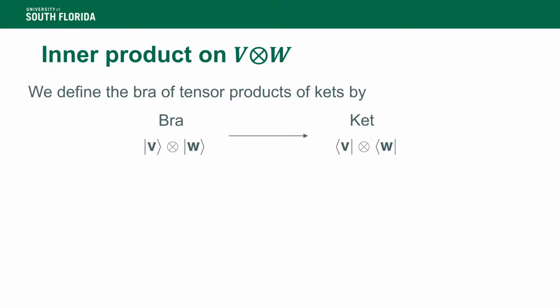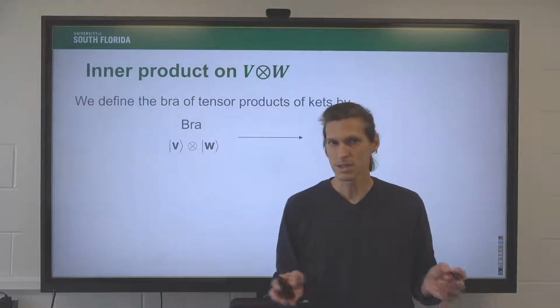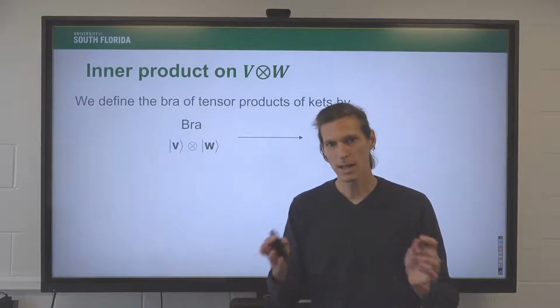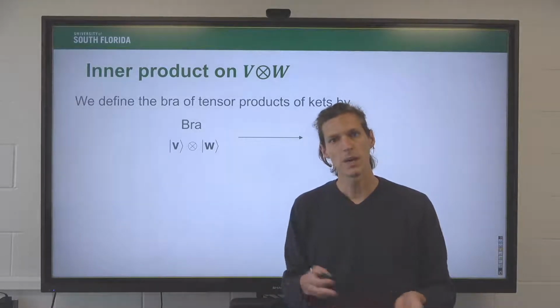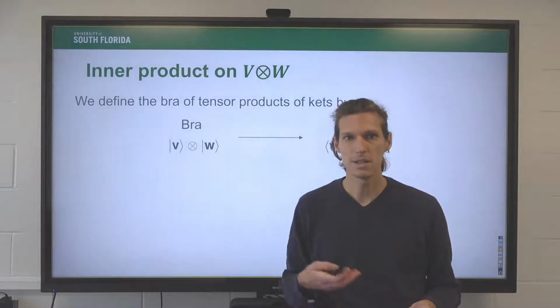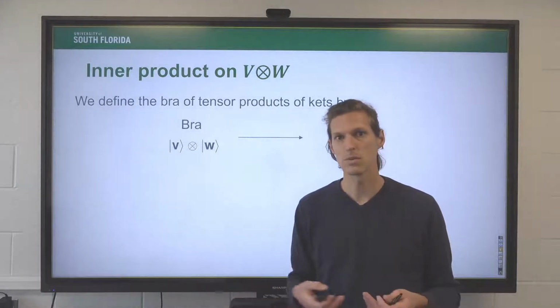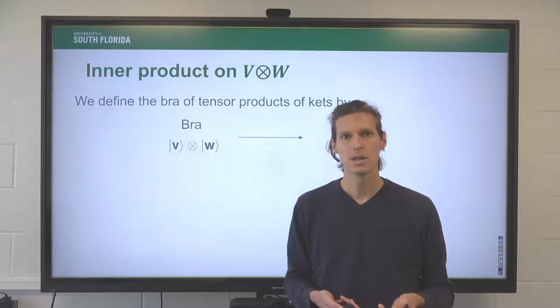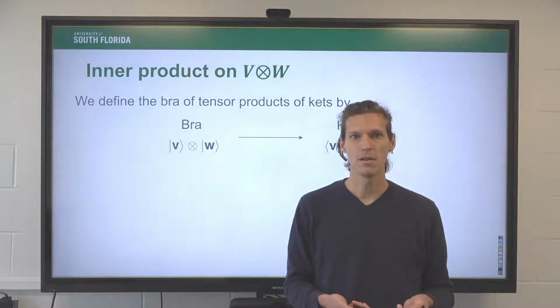Now, we also will need to extend the inner product. We had an inner product in V, we have an inner product in W, now we want an inner product in V tensor W. Okay, so how are we going to do this? Well, we'll extend in a very natural way.